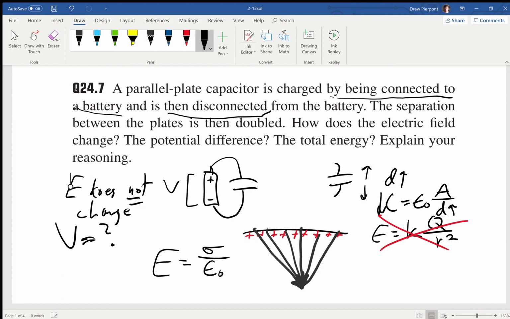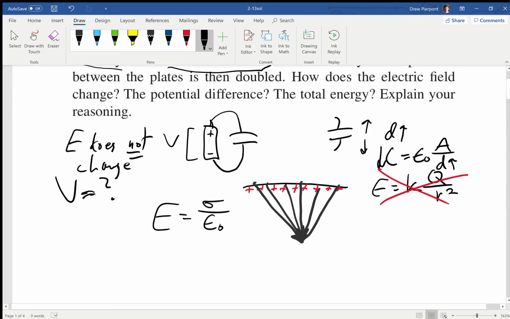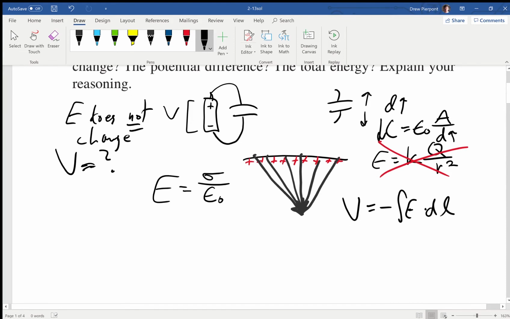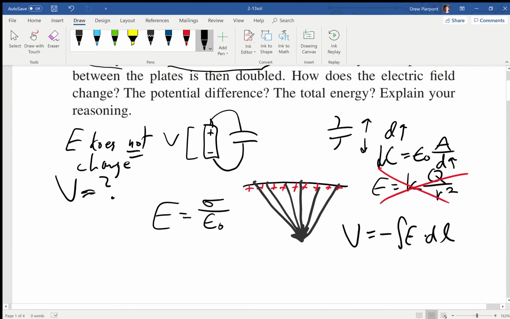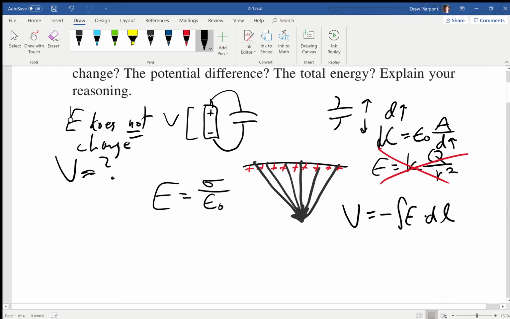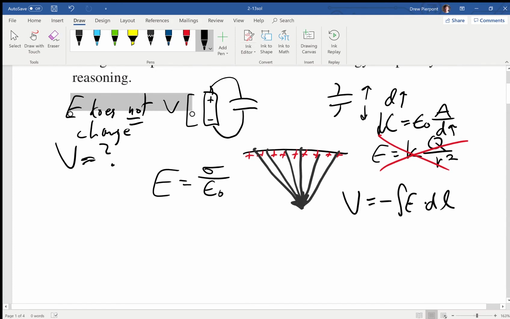We know that potential is the integral of E along a given length, and in this situation, that length is just the distance between them, right? So the electric field is uniform in a parallel plate capacitor, meaning it's not affected by distance, as I already explained.